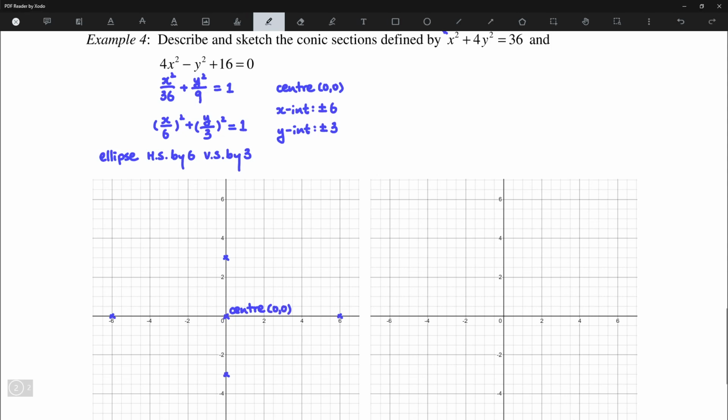It is useful to indicate that's where it is. And also go ahead and label the points here, 0, 3, the positive y-intercept. 0, negative 3, of course, is on the graph as well. Likewise for 6, 0, and negative 6, 0. Okay. Just going to go ahead and draw that in. Something that looks like this.